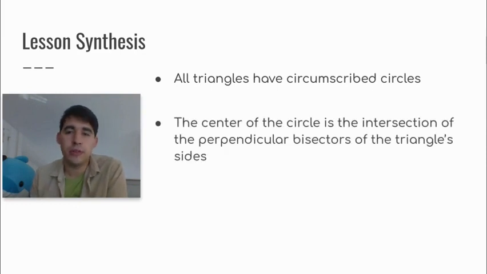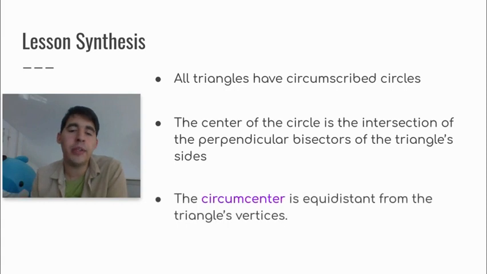And that circle has a center at the intersection of all the perpendicular bisectors of every single side. This is because the perpendicular bisector has the points that are equidistant from the endpoints, and that's what we needed to circumscribe the circle. And that point is called the circumcenter of the triangle. And it's the center of the circle that circumscribes the triangle.